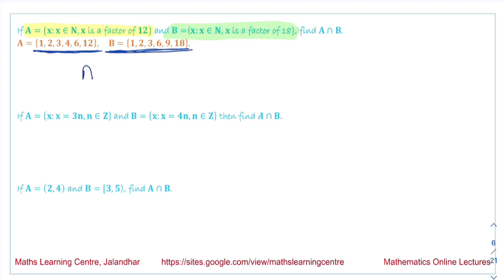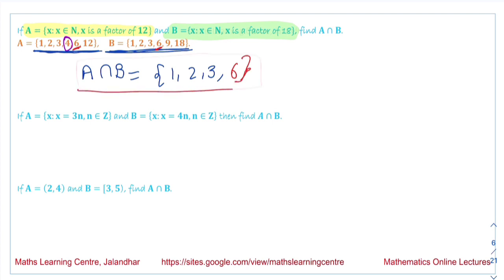We have to calculate the value of A intersection B. So the answer we will have is 1, 2, 3, then 4 is over here but it is not present in B, so we are not writing 4. Next we have 6. 6 is present in both these. After this, 12 is not present, 9 is not present and 18 is not present.